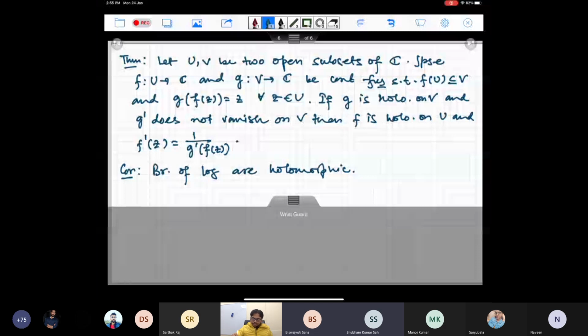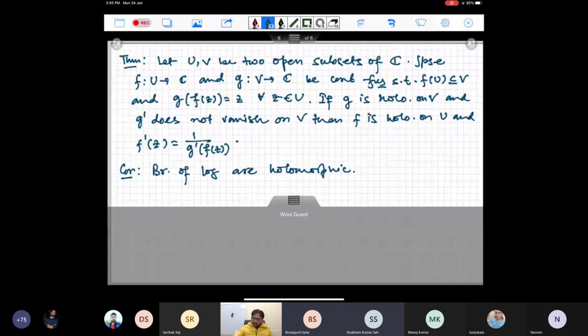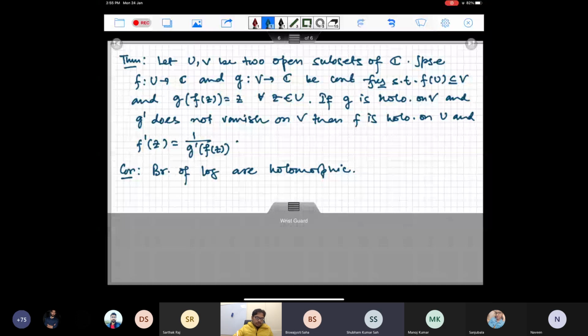What is the derivative of log x, for example, on the real line?